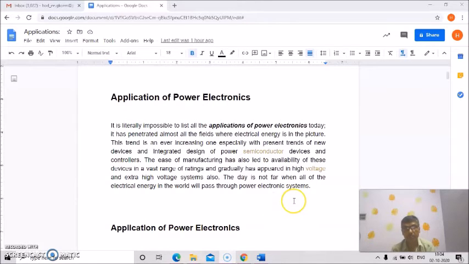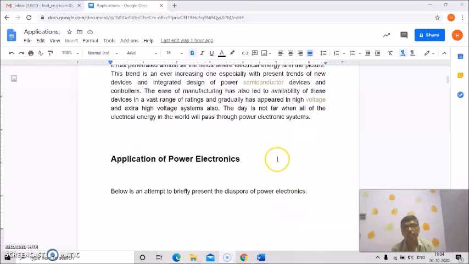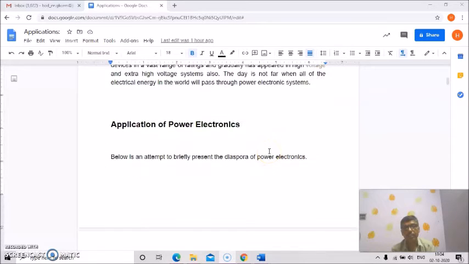And the day is not very far away when all of the electrical energy in the world will pass through power electronic systems. With this introduction, we can give you a picture of the applications of power electronics. In the diagram below, we are attempting to briefly present the diaspora of power electronics.